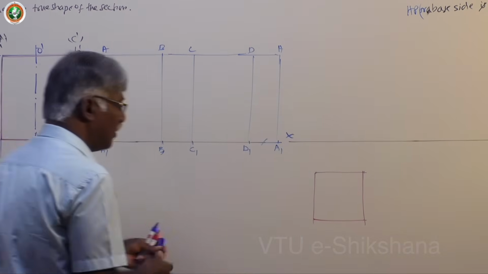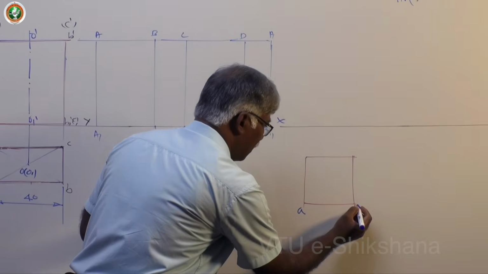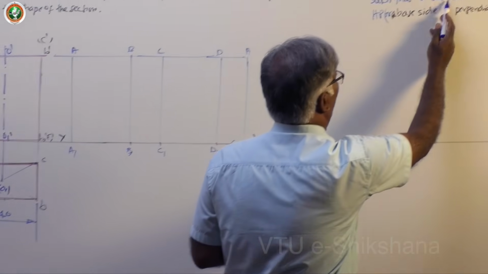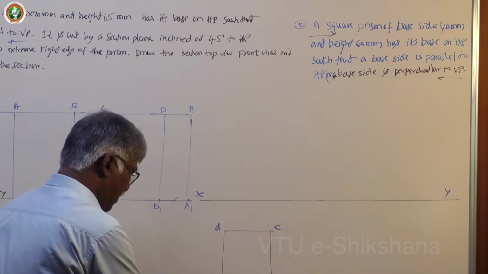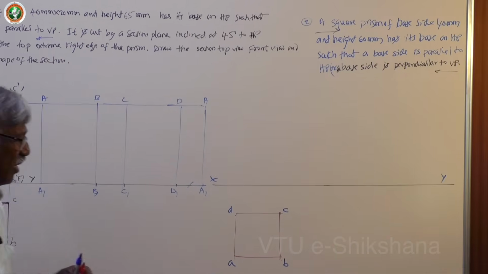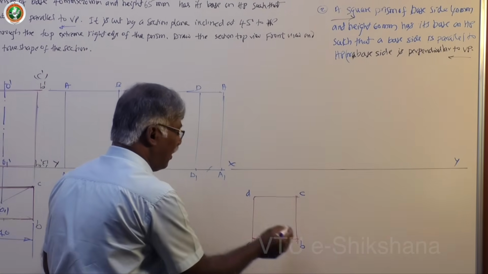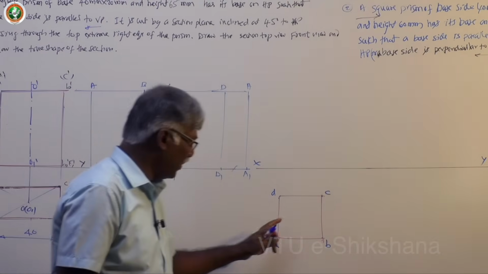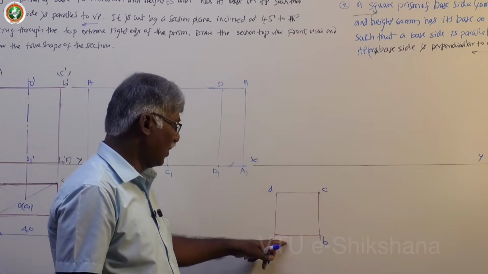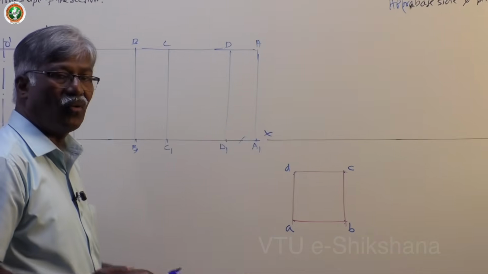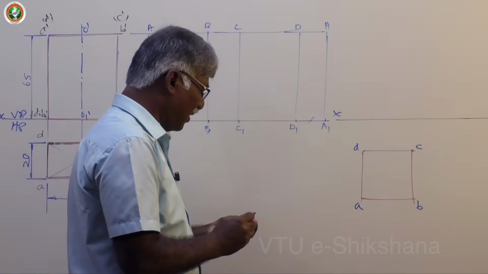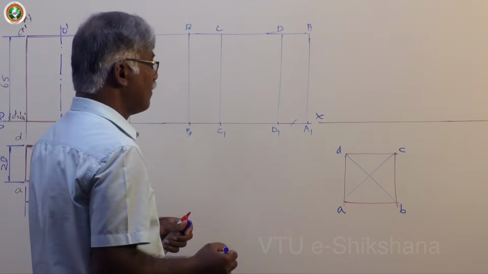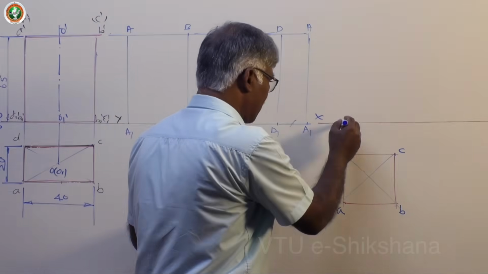This is the top view of the square when one of the base sides is parallel to VP. This AB and DC both you can take parallel to VP, or AD and BC are perpendicular to VP. Yes, as for a base side, it can be both, 2 or 1 only. So here 2 are parallel, 2 are perpendicular. You can take this. Now you consider this. Now draw the projection.